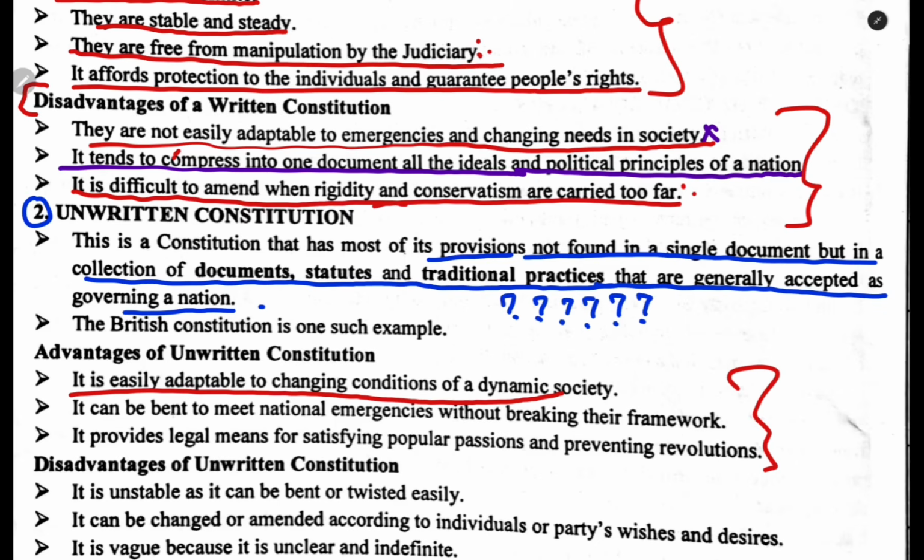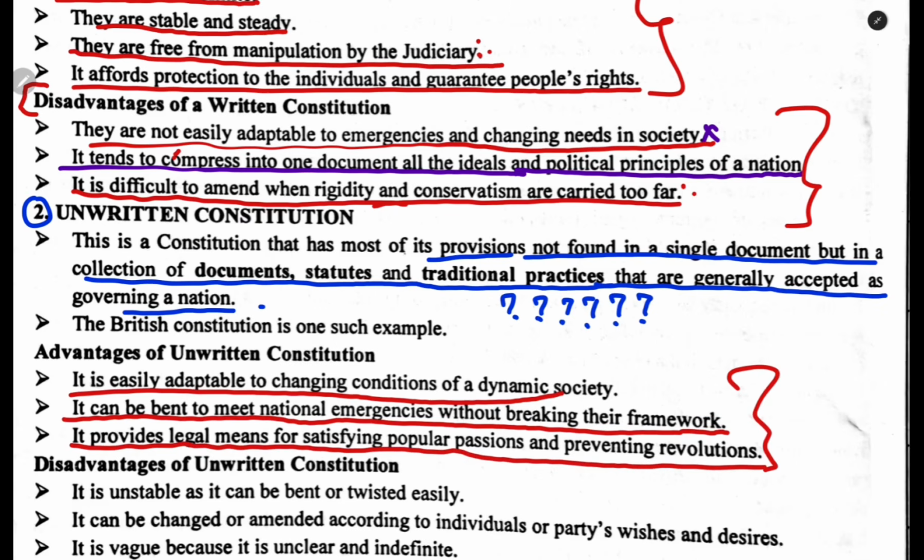Okay, so the other advantage is that it can be bent to meet national emergencies without breaking its framework. So this one is easily adaptable to the changing needs of society, which means it can easily respond to emergencies. It provides legal means for satisfying popular passion and preventing revolution.